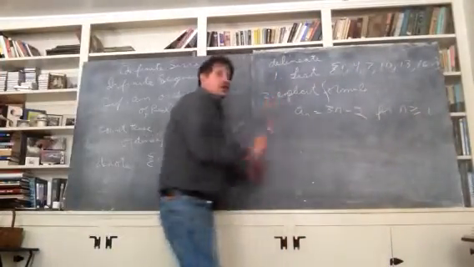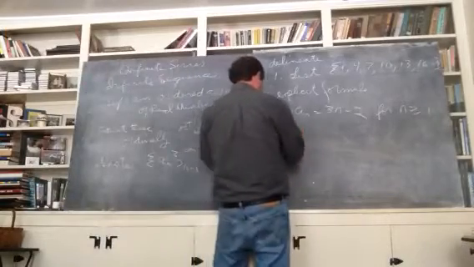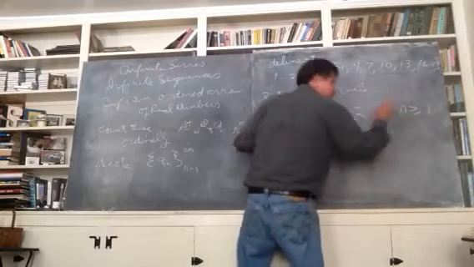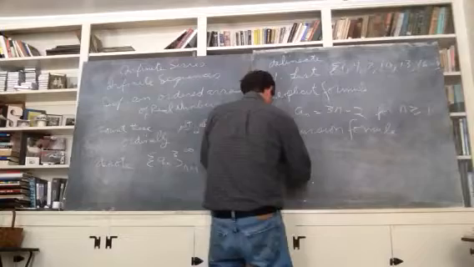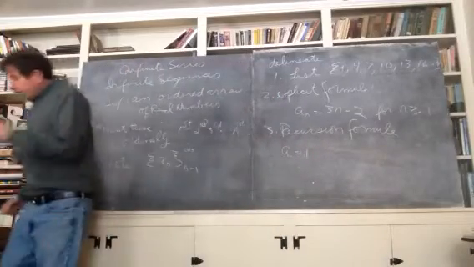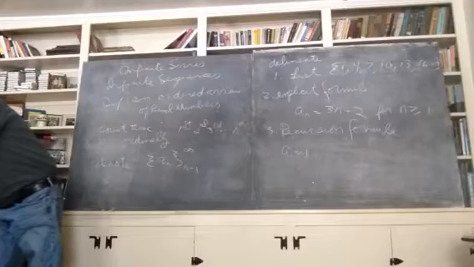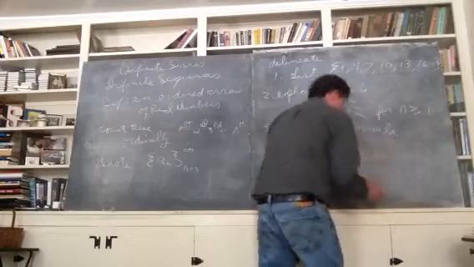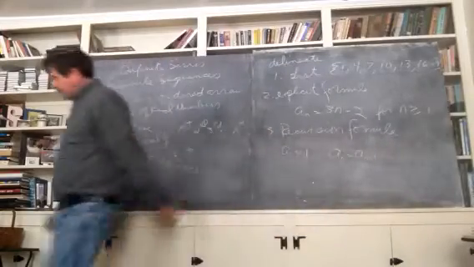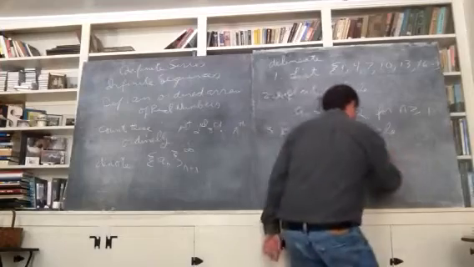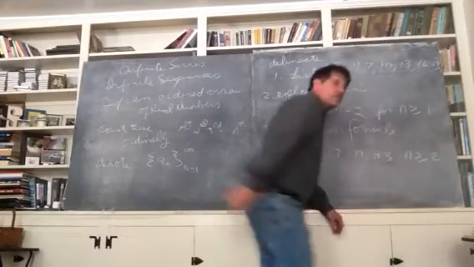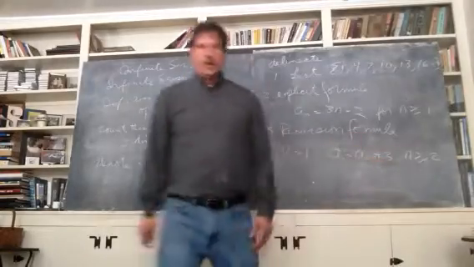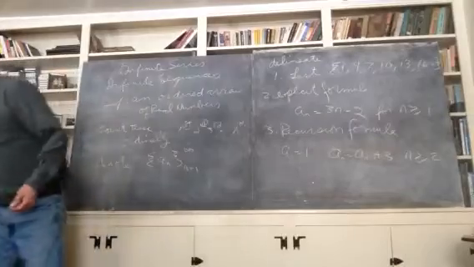Or you can use what's called a recursion formula, where you list the first one. A sub 1 equals 1, and then A sub n equals A sub n minus 1 plus 3 for n greater than or equal to 2. The first one's 1. The second one is 1 plus 3, which is 4, etc.